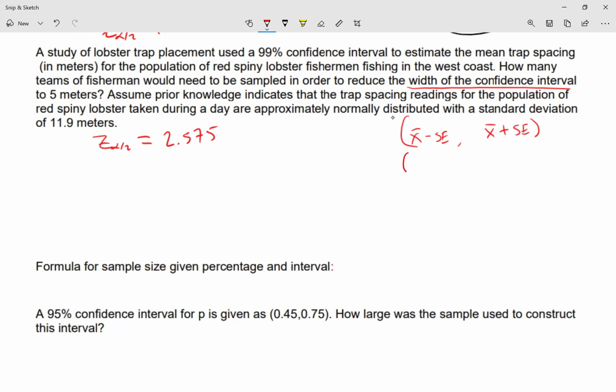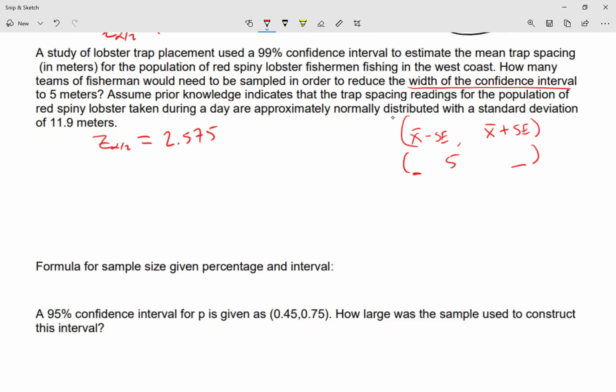So from the smallest value to the biggest value, my width is 5 meters. But wouldn't my standard error only be half of that?